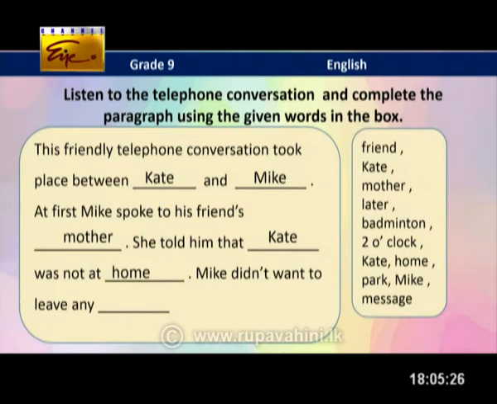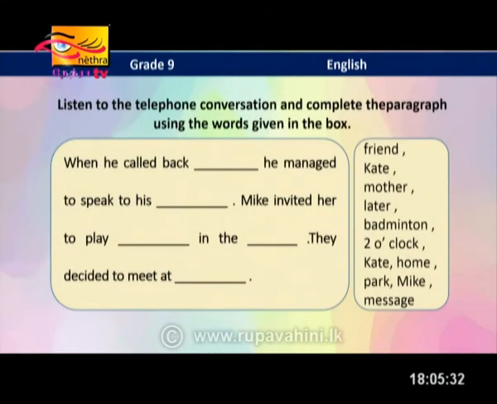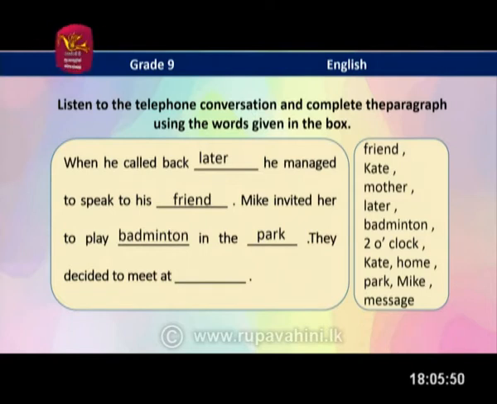Mike didn't want to leave any message. Yes. So we'll move on to the rest of the activity. When he called back later, he managed to speak to his friend. Mike invited her to play badminton in the park.